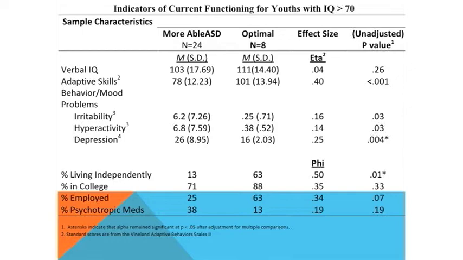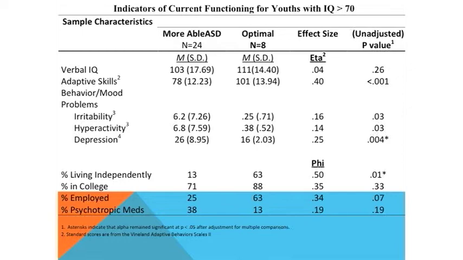But in addition to that, the kids in the more able group have significantly more behavioral concerns. They're more irritable, they're more hyperactive, and they're also more depressed. I think the point of this is that we get so focused, maybe you don't, but at least our group gets so focused on autism that we think the only thing that makes a difference are autistic features.